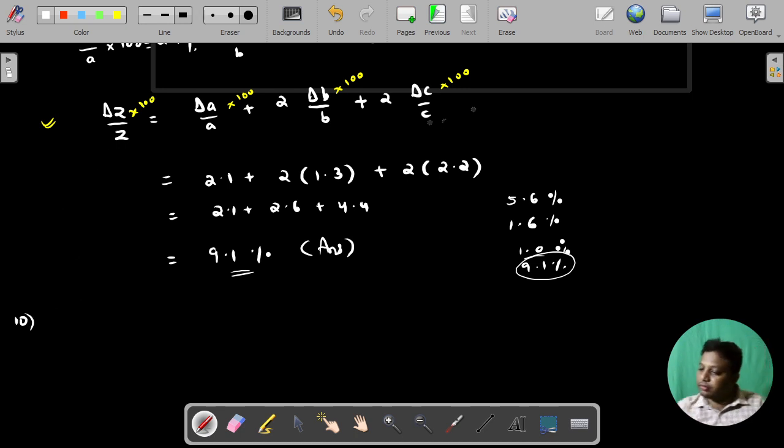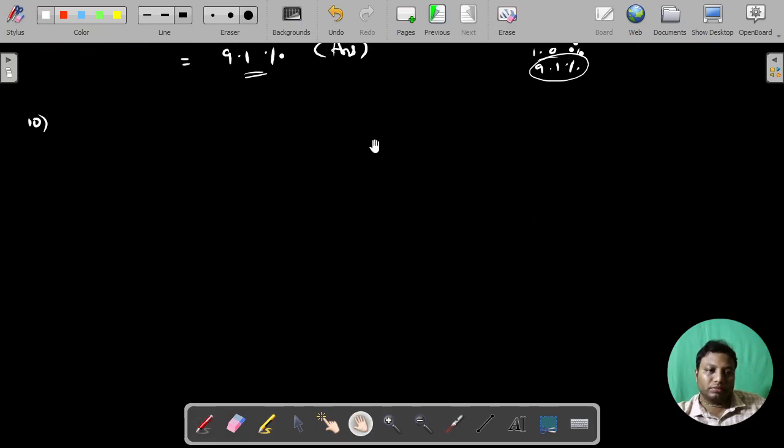This is a question asked in the 2020 EAMCET exam.